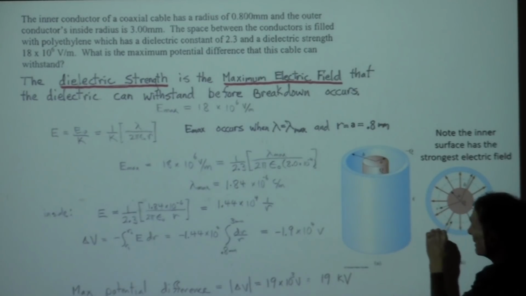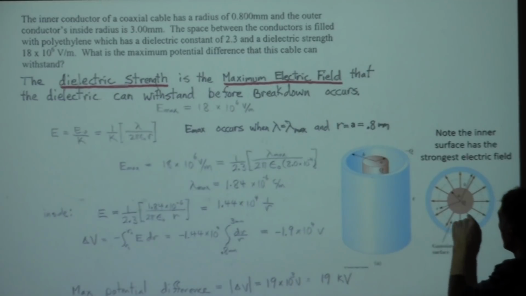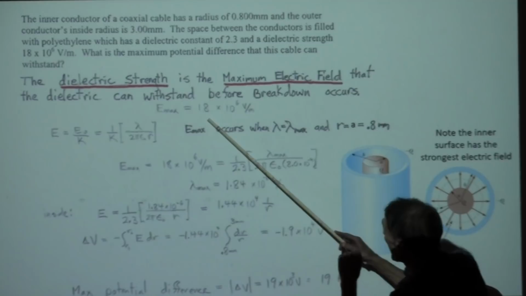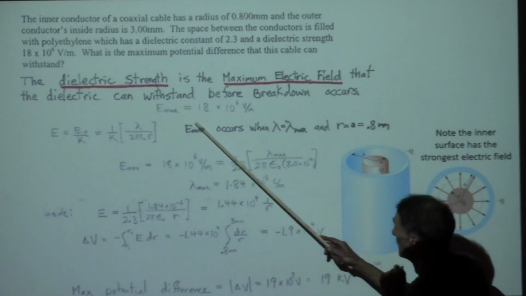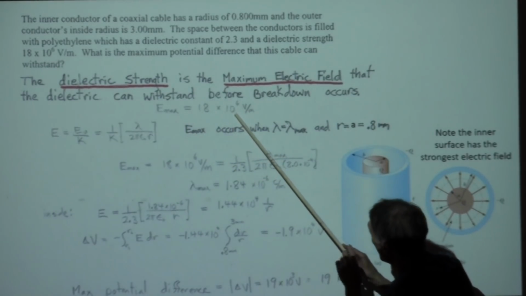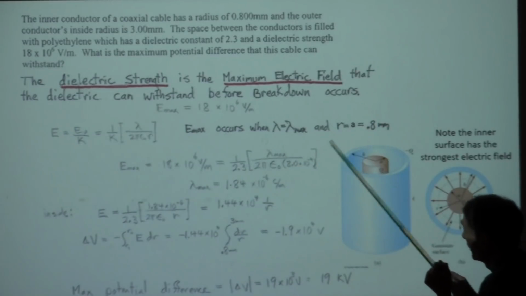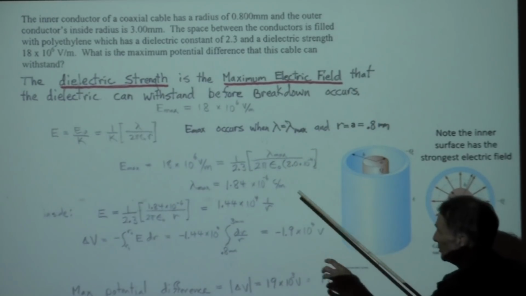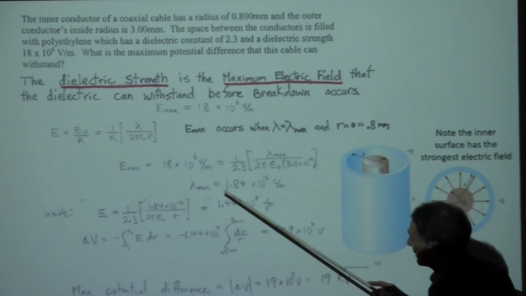So the idea is I want to find that E max would occur, that value. I want to keep adding charge on here to build it up so that it gets to this value just where breakdown would occur. And I want to find what is that maximum amount of charge I have so that I can use that to answer the question.